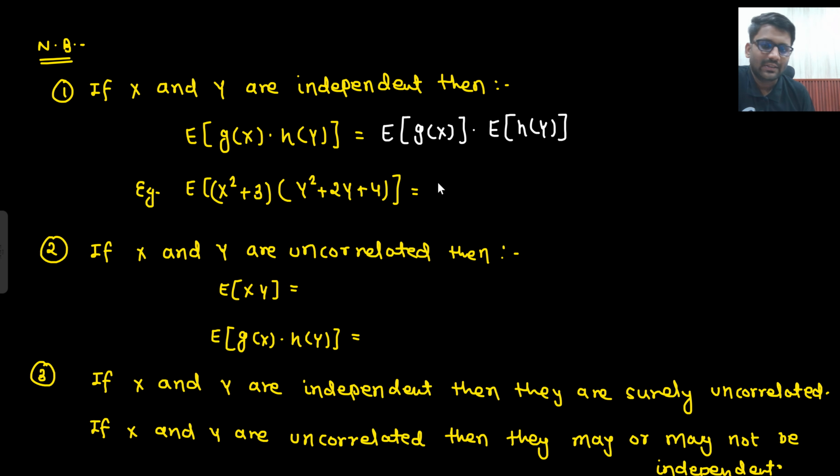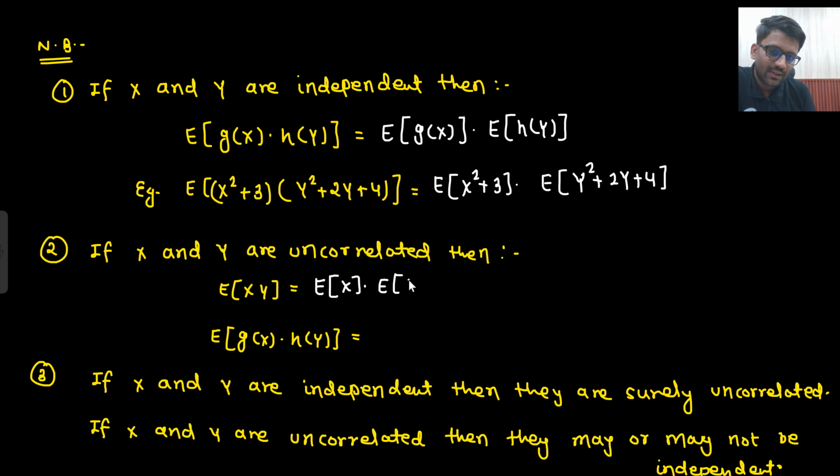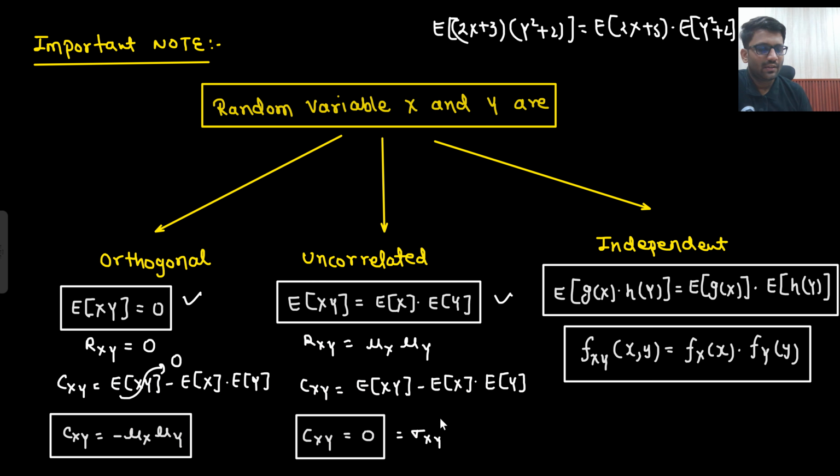Basically expectation of x square plus 3 dot expectation of y square plus 2y plus 4. But for uncorrelated only x and y should be there. That means expectation of xy would be equal to expectation of x dot expectation of y. And if this is the scenario, then surely your covariance will also be equal to 0.